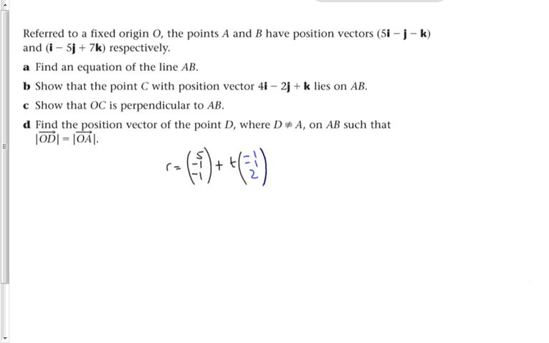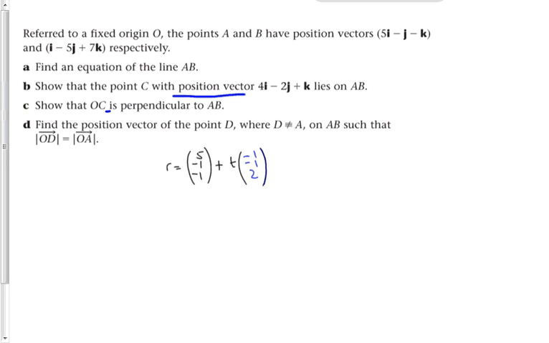So for part C, it says that OC is perpendicular to AB. For the vector OC, let me just make an important point here. The position vector of C is the vector OC. Let me repeat that. Two different ways of saying exactly the same thing.